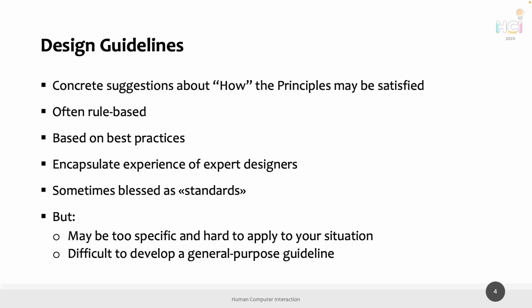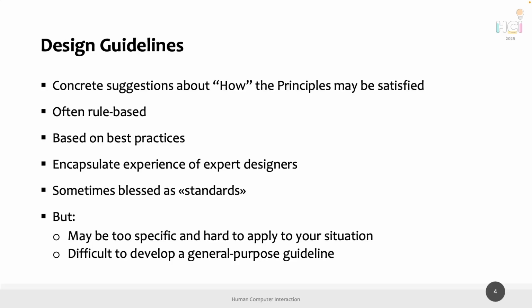These guidelines encapsulate the experience of designers, and sometimes they are blessed as standards. For example, from the accessibility guidelines, we know that every image on a website should have an alternative text, for accessibility. That's specific for accessibility on the web.